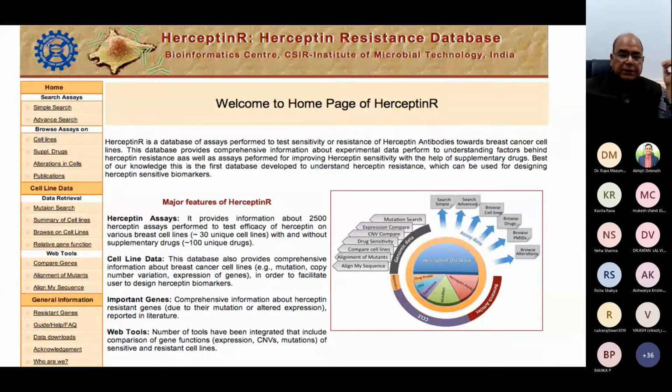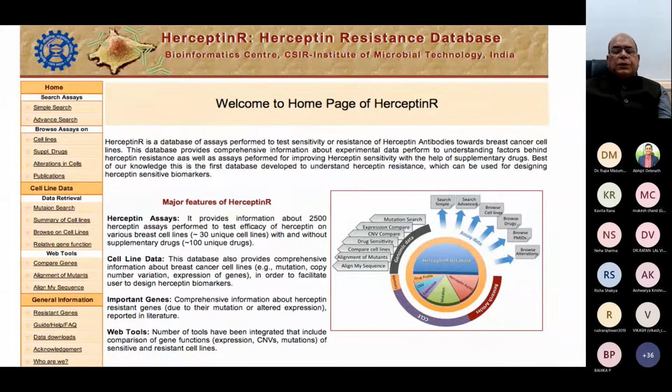There was another database that is very specific. There is one treatment commonly used to treat breast cancer patients, a monoclonal antibody called Herceptin. The problem with Herceptin is that it is not suitable for all.